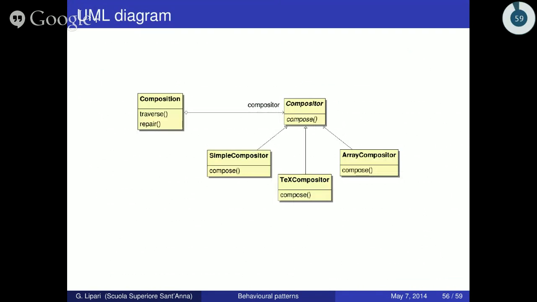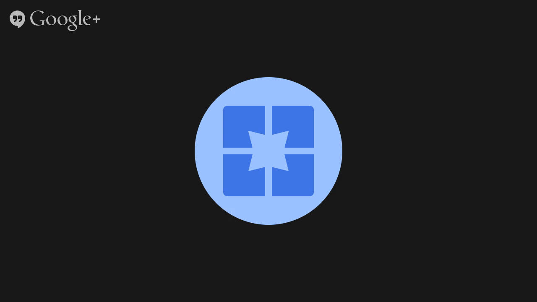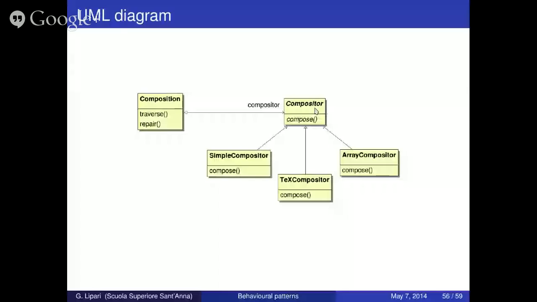So now you have a compositor, and this is the one that breaks the text into lines. So you can use a very simple one, stupid, just counting the number of characters or something like that, or you can use TeX, the algorithm implemented in TeX for breaking the text into lines, or you can use array because you want to, for example, also insert images in a sort of table, and so on and so forth.